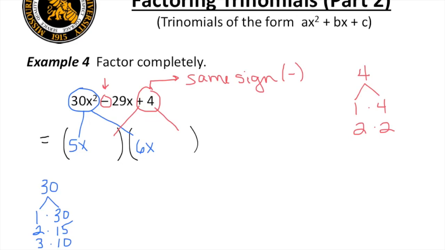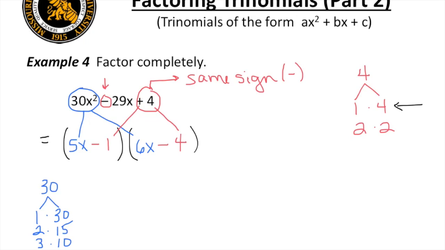So again, we have to start somewhere. So let's begin with 1 and 4. Both numbers will have the same sign, both negative. So let's go ahead and put -1 in the first binomial and -4 in the second.